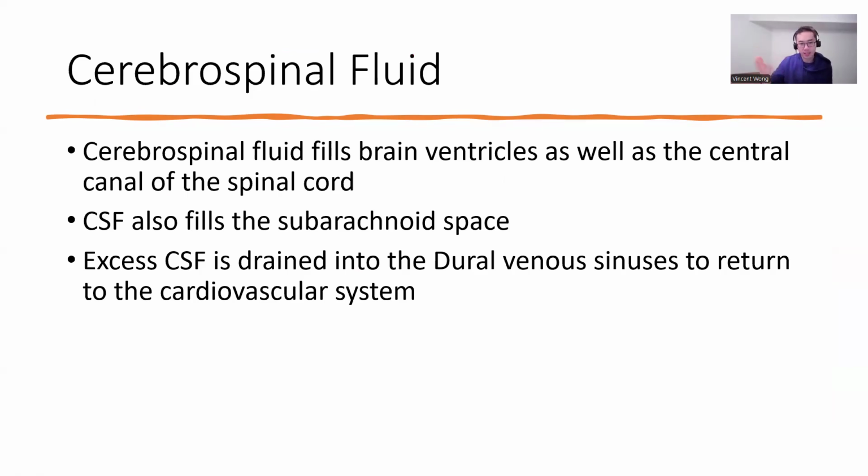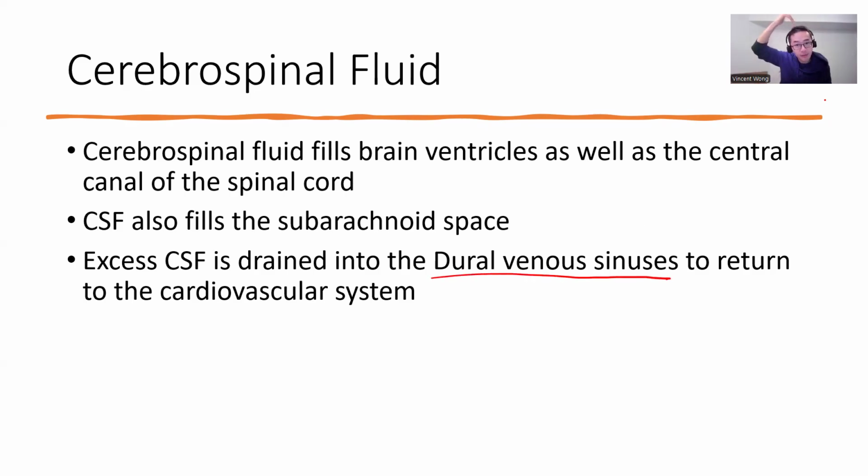Now, what does the CSF do? CSF, like I said, fills up the ventricles because that's where they're made, and then it will float in circulation. There's a path that it follows, and I'll draw that out for you in a bit. And then eventually, like I said, it will fill up all the subarachnoid space, and the excess will get drained into the durovenous sinus, right?